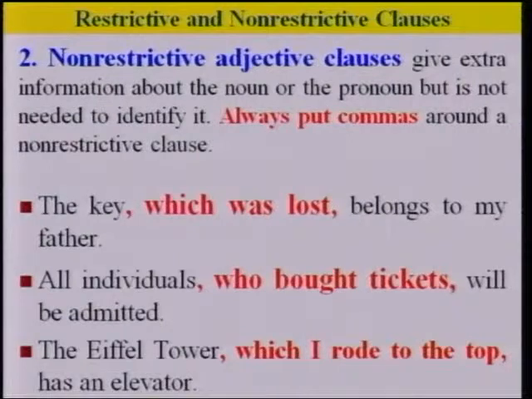And finally, the Eiffel Tower, I know already what the Eiffel Tower is, and therefore, which I walked to the top, has an elevator. So these three cases indicate that these are all non-defining, non-restrictive, or extra information, and therefore we use commas to separate them from the rest of the sentence. Is this clear? All right.